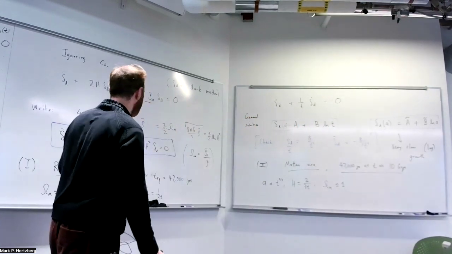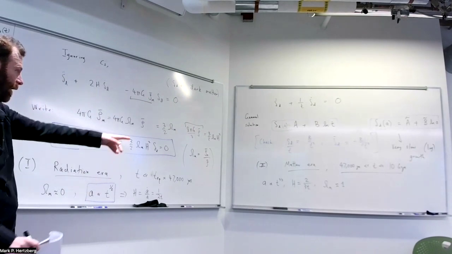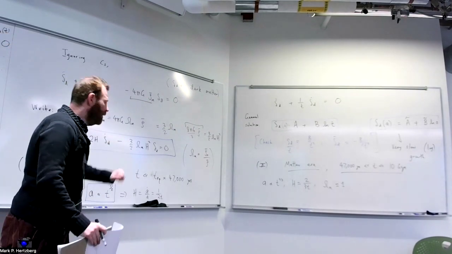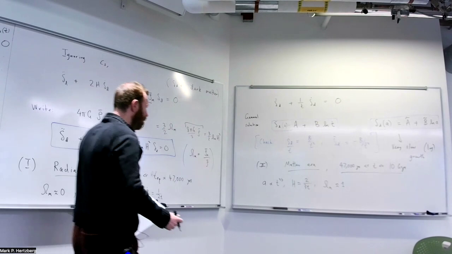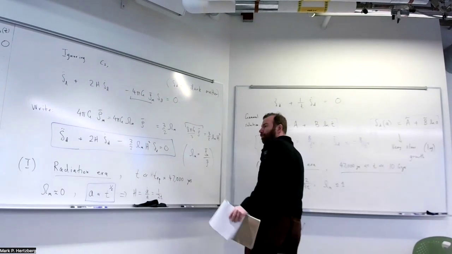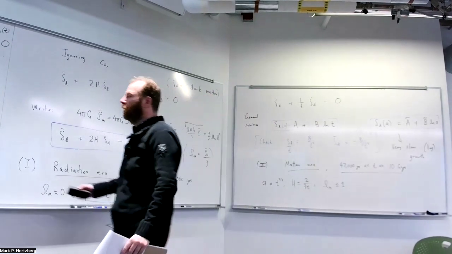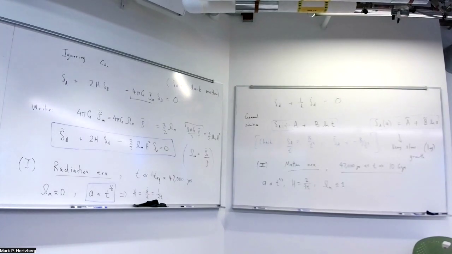Okay, so now our differential equation, we've got to plug in that Hubble 2 over 3t and omega m of 1. So maybe we'll put it up on this other board. Now we have a slightly more interesting differential equation.